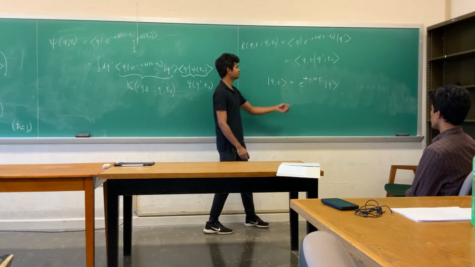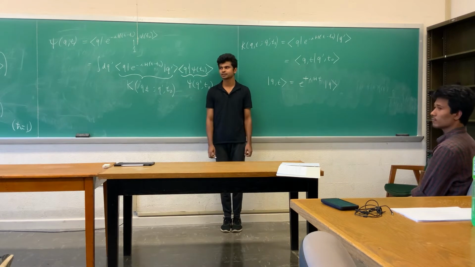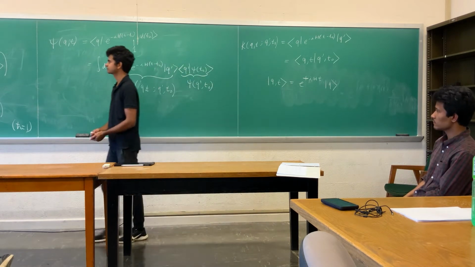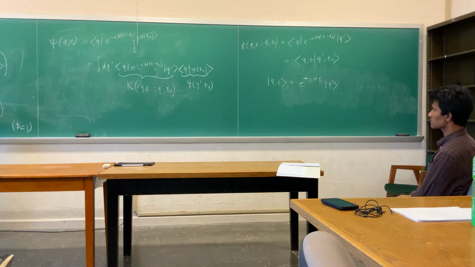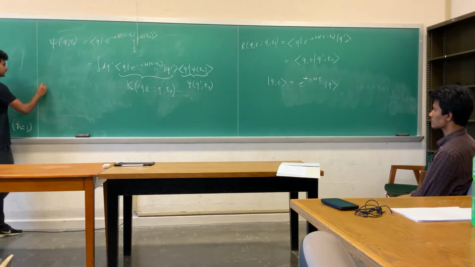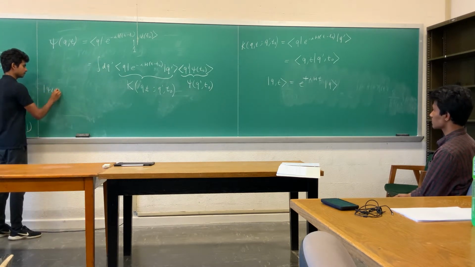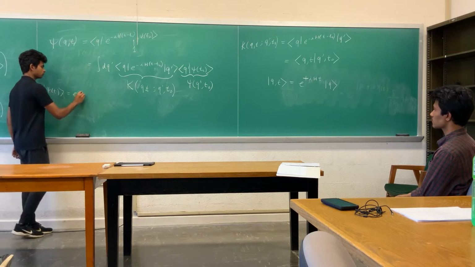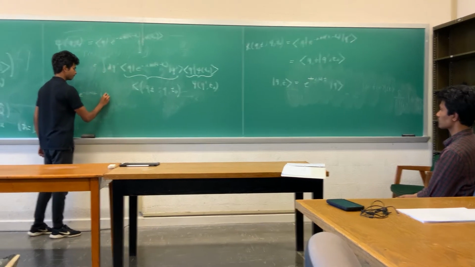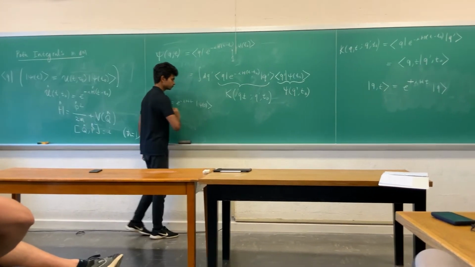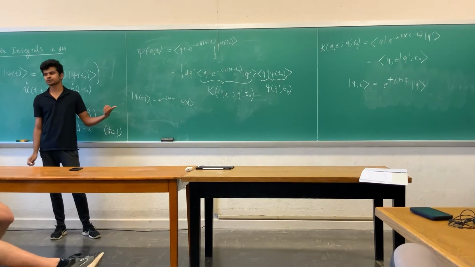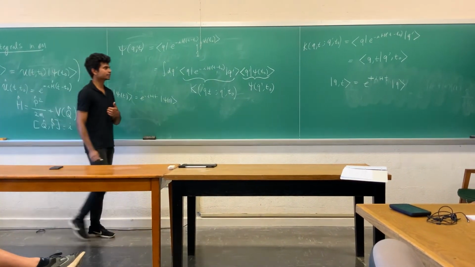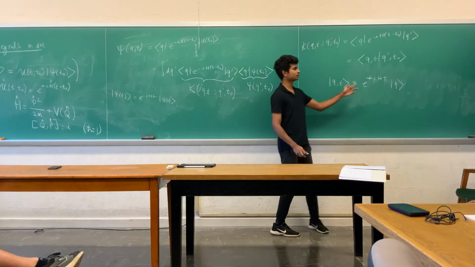And why is it plus? This is minus, right? So we write the time evolution like this, with the minus. Why are we writing the time evolution of position with the plus?